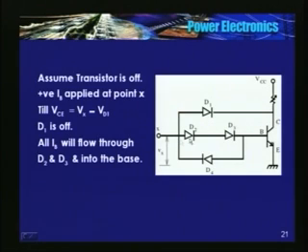All the current flows through D2 and D3 and into the base. As the transistor turns on, Vce falls, and when Vce is equal to Vx minus the voltage drop across D1, D1 turns on, and a part of the current starts flowing through D1. So there is going to be an automatic reduction of current flowing into D2 and D3.